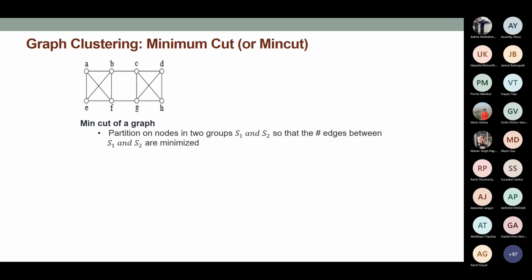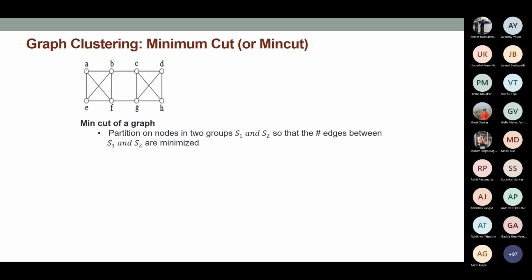Once you partition the graph into two sets, you simply count the number of edges crossing these two groups. Your objective would be to minimize that number of edges. So how can you partition a graph in such a way that you minimize these edges?